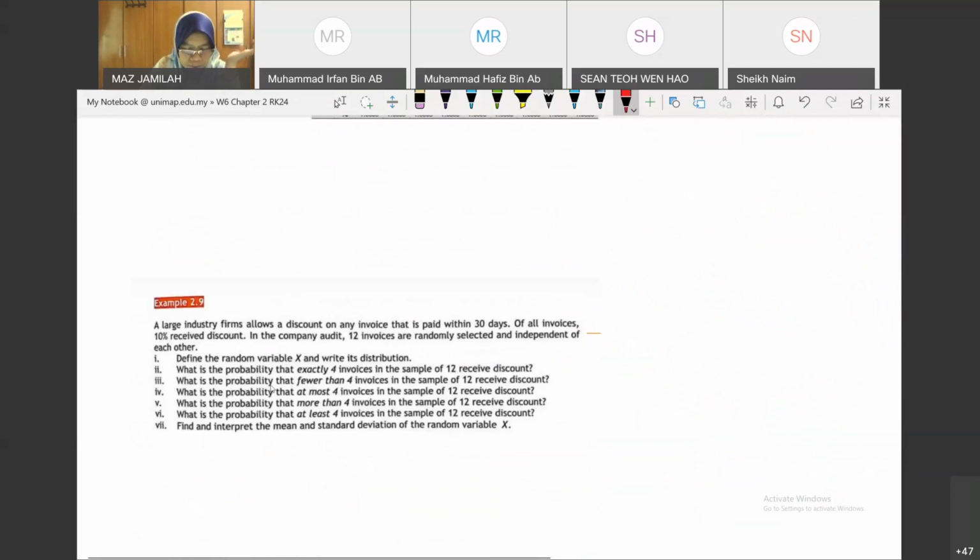What about what is the probability that fewer? Fewer is easy again because it's just less than. What about at most? Maybe some of you may have thought, at most, is it greater than or equal to, or less than or equal to? We sometimes get confused with the terms. Or maybe at least, for example.